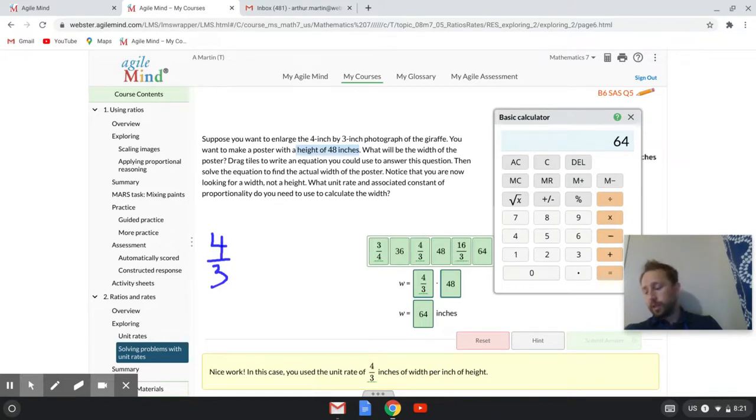Once you do that, I want you to try to find the constant of proportionality. So, what is the constant of proportionality of length to width? And then I want you to double the length, and use the constant to find the width using an equation just like we've done in class.